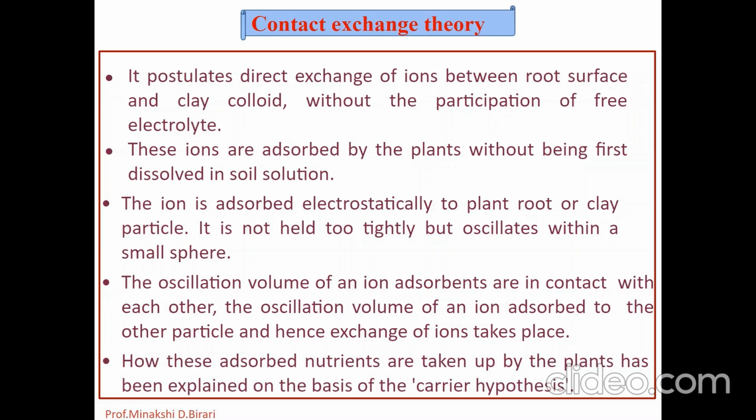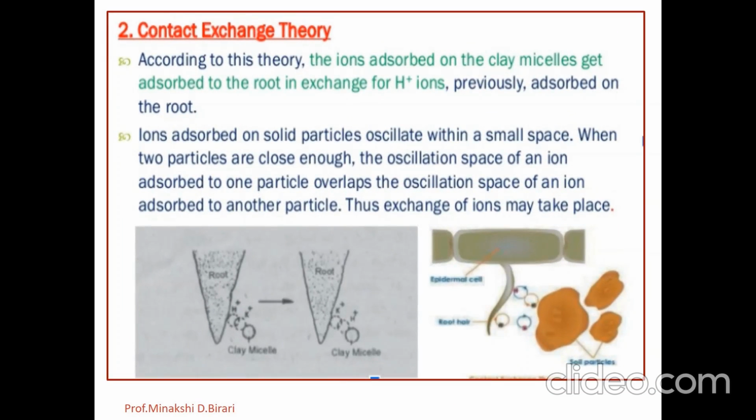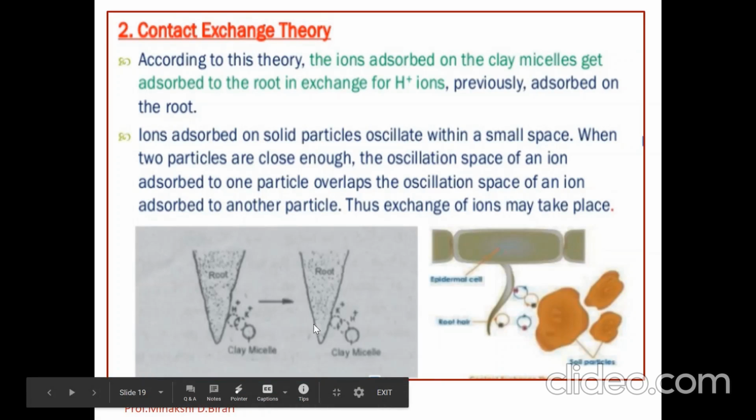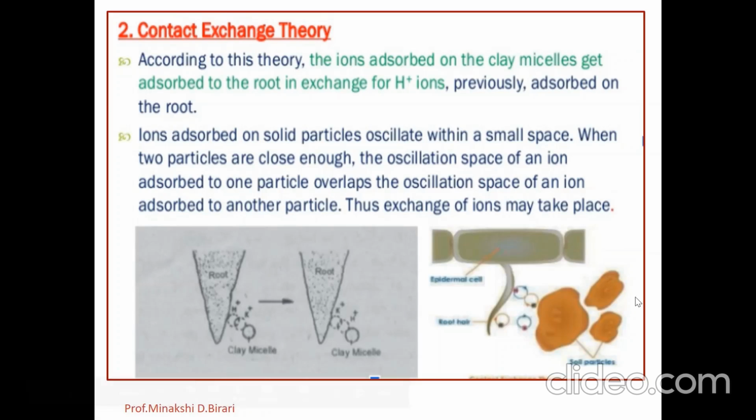How these adsorbed nutrients are taken up by the plants has been explained on the basis of the carrier hypothesis. According to this theory, the ions adsorbed on the clay micelles get adsorbed to the root in exchange for H plus ions which are previously adsorbed on the root.